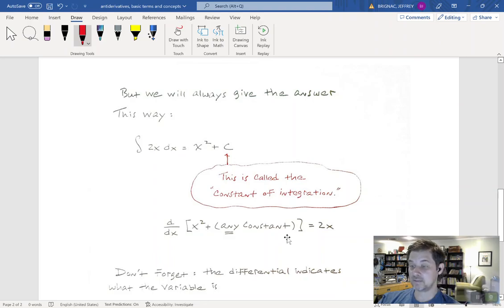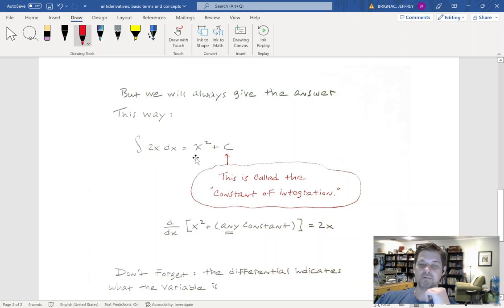It's unspecified, but it just means that the derivative of x squared plus any constant that you could ever think of is 2x. And we call that capital C the constant of integration, okay? All right, so our answers are going to look like that. Whenever we're looking for the antiderivative of something, it'll be the answer plus C every single time.